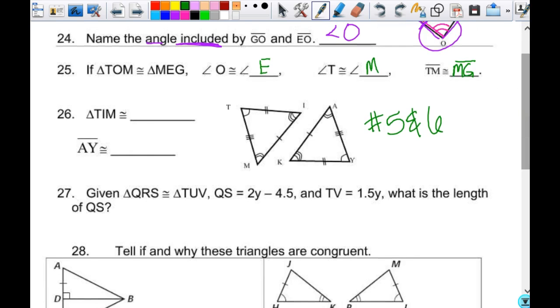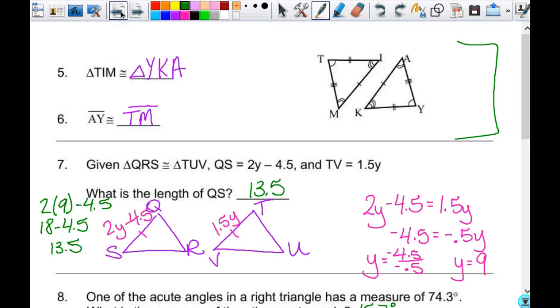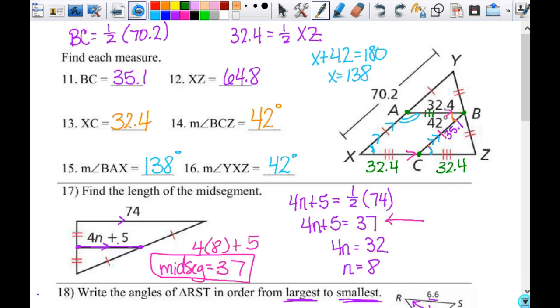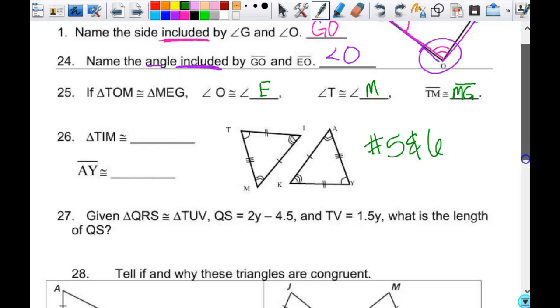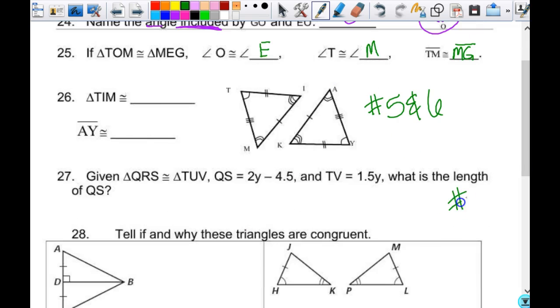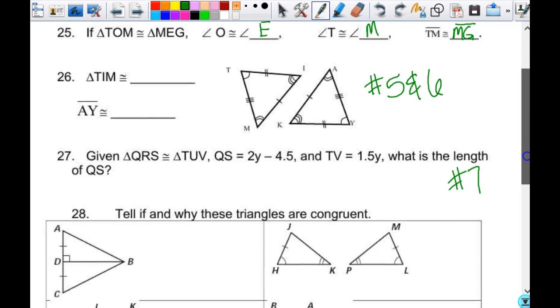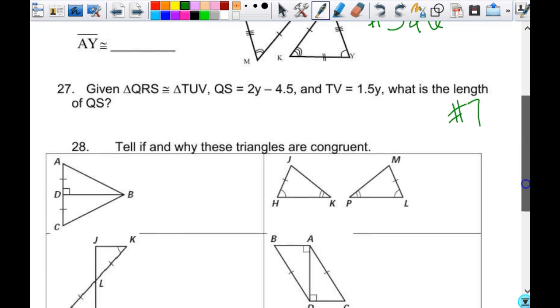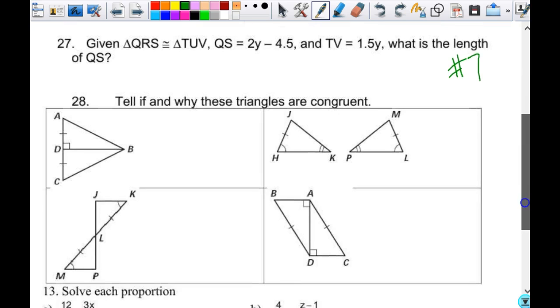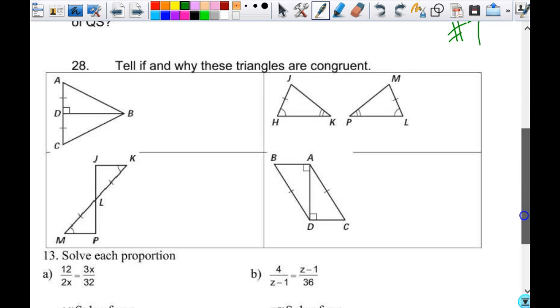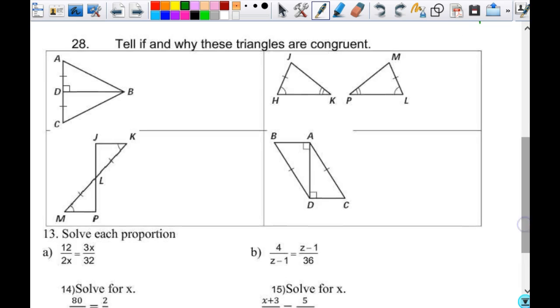Oh, and this one too comes right after it. If that wasn't 5 and 6, I don't know what that one was. But I did that one too. Probably could have just redone them by the time that was 7. By the time I figured out which ones they were, I could have just done them again, and then this one is just number 7. That is me probably cutting and pasting and trying to make things fit better, and then I forgot to go back and delete something off, and then it still didn't fit, I'm guessing. All right, so this says, tell if these triangles are congruent, and really there should be like way more to that. I didn't go back and fix that either.